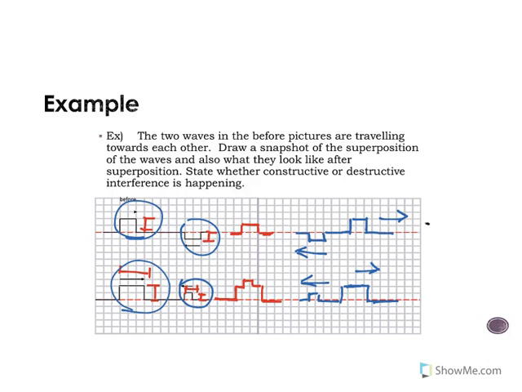So this first one is going to be destructive. And the second one, constructive interference, happens when the superposition displacement is greater than the initial displacement. So this is going to be constructive.